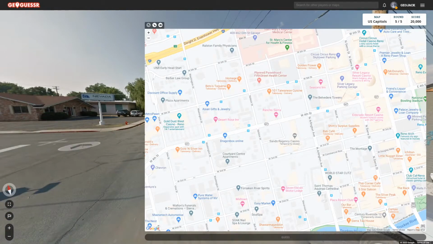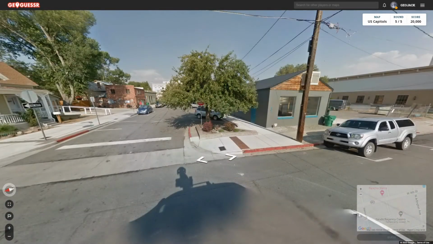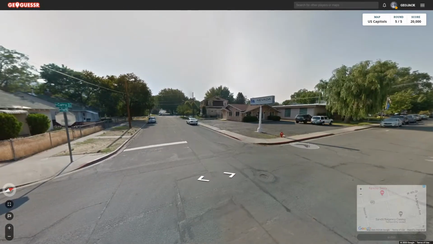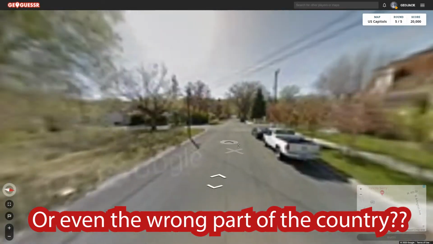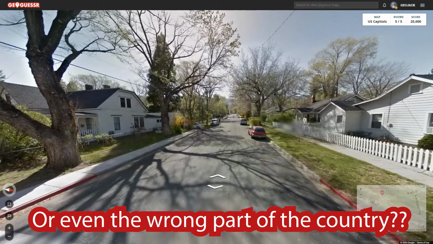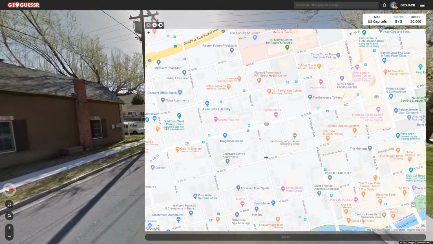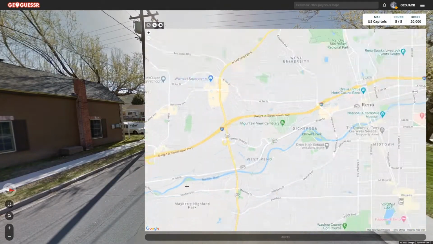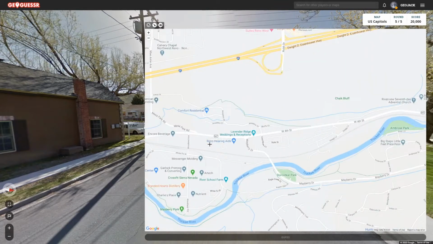So, but how can it be? Unless we're still just totally in the wrong part of town. It does kind of feel like we are. Maybe there's more than one 4th Street.